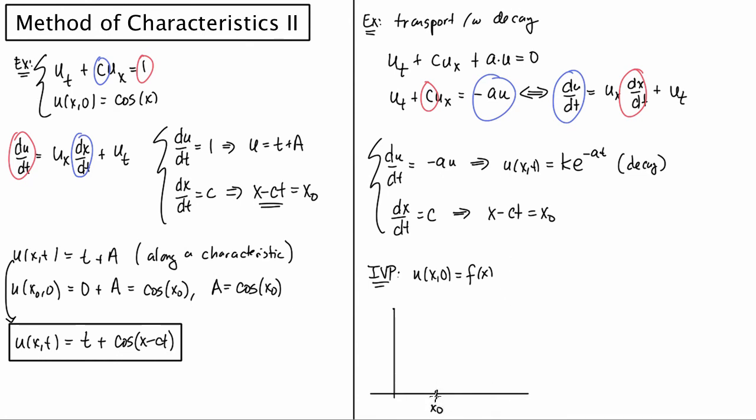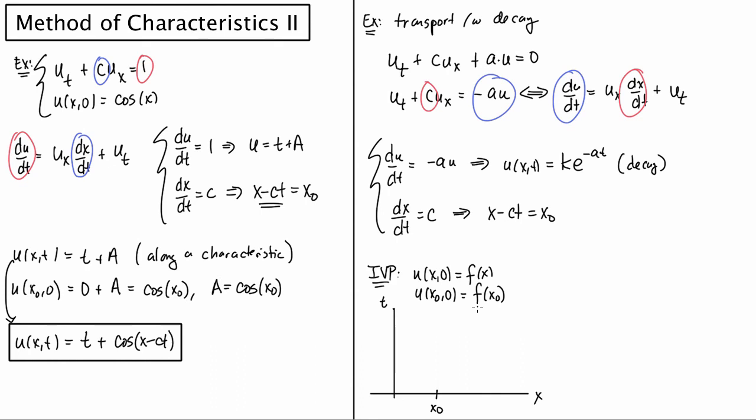So starting at the point x naught, as long as I travel along characteristic lines, everything's going to stay okay. Now, suppose that we know that initially, everywhere along this, we have the value f of x. So at the point x naught, initially, we start with the value of f of x naught.